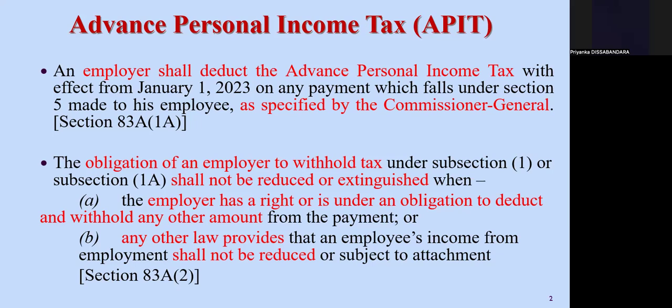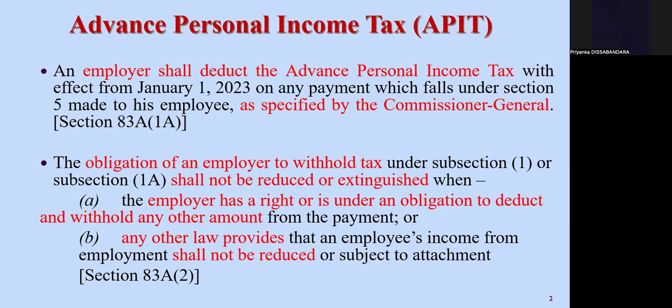That means from 2018 April 1st up to 2019 December 31st, it was withholding tax on employment. So the applicable section was section 83.